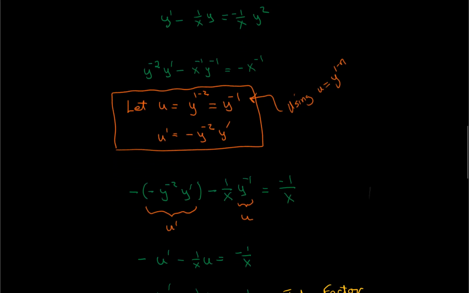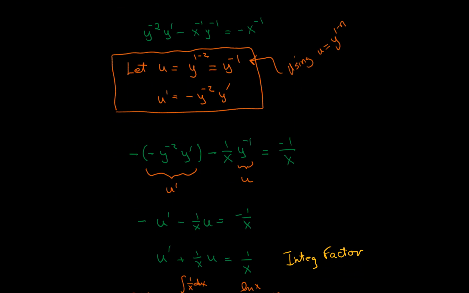Okay, let's take a look at how our equation started out. It's at the top of the screen. We have this y to the -2 y prime. What we really want is negative y to the -2 y prime. Well, that's easy enough to fix. I really want this negative y to the -2, put that 2 back in there, it disappeared, y prime.